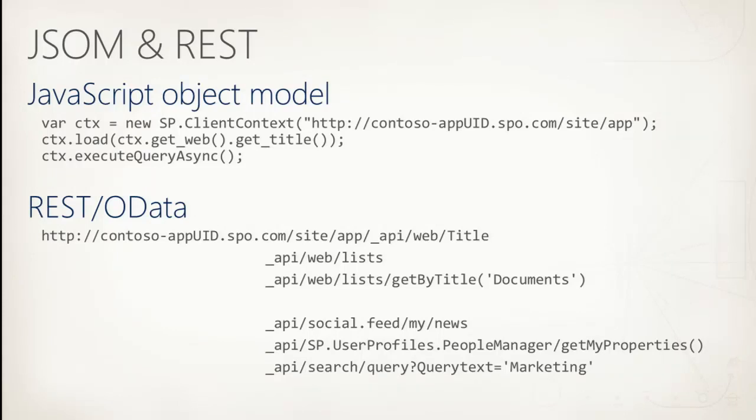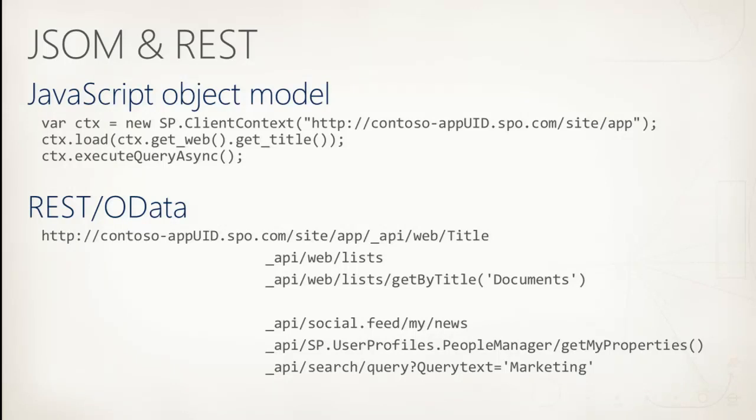When you use REST, you notice that you no longer need to call _vti_bin/client.svc. You can just now call _api, and then from there you can pick whether you want the response to be retrieved as an Atom feed, with JSON or XML, and it makes it very easy for you to access the different elements on SharePoint.